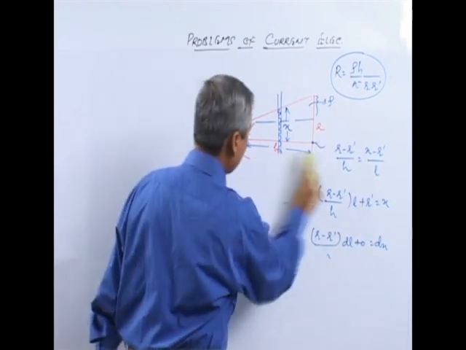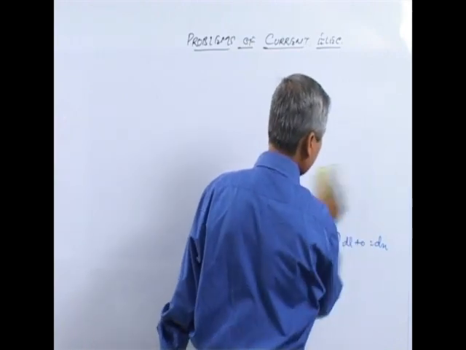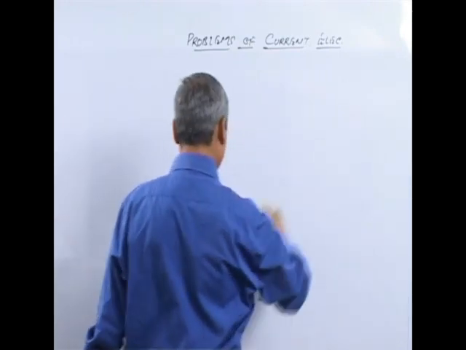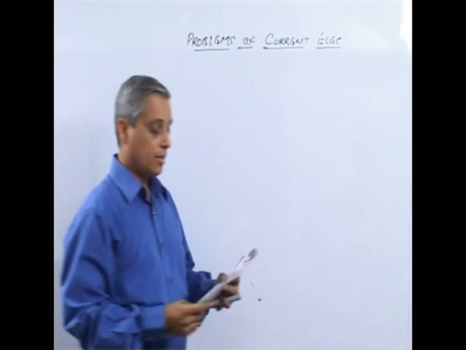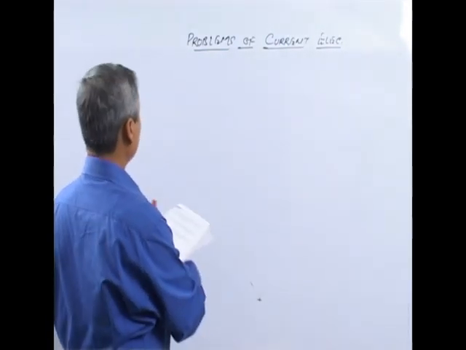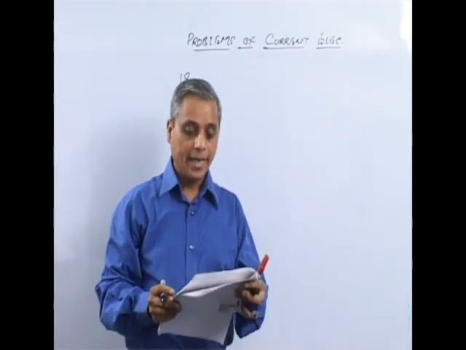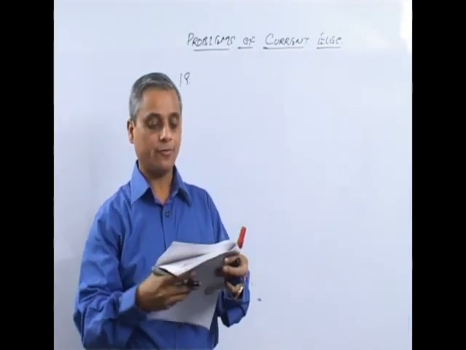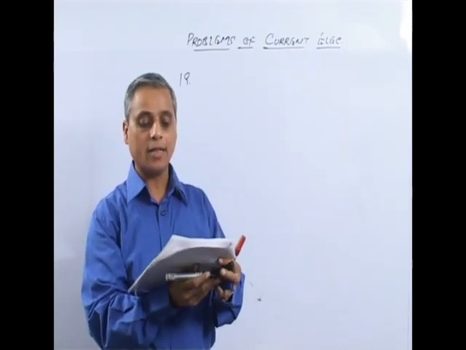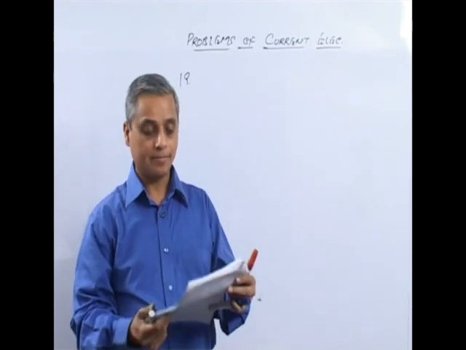There are actually 12 cells in series, and they say like this. For question number 19, there are 12 cells, each having the same EMF, connected in series with some cells wrongly connected.